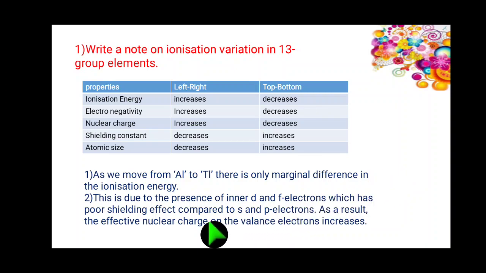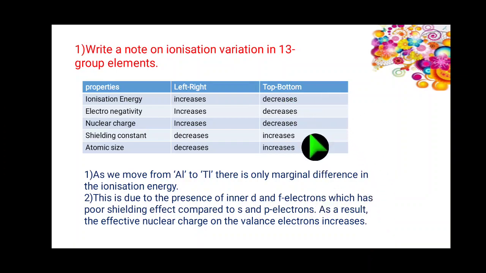So when the nuclear charge increases, the proton's attraction on the electron is very high, so it is unable to remove the outermost electron. If you want to remove the electron, you have to give high ionization energy. That's why ionization energy increases from top to bottom.